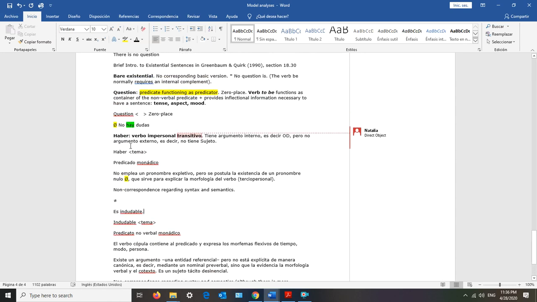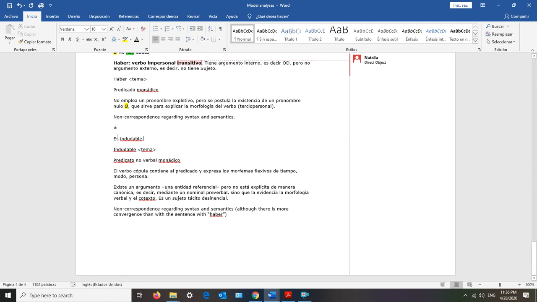not a noun as in question, but an adjective, indudable, that also has argument structure of its own. It does select for an argument, and this argument has the theta role, the semantic role of theme.